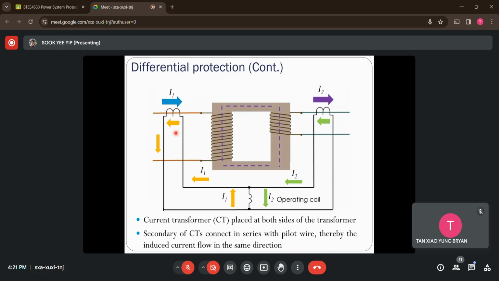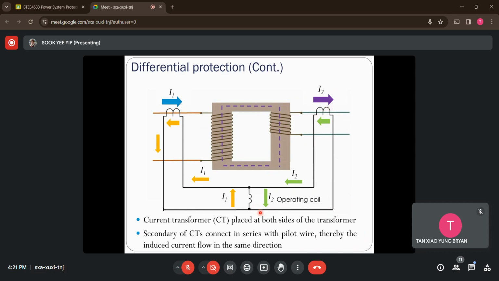Whereby the first current transformer is measuring I1, the entering current, shown in this direction. The stepped-down current will feed to the differential relay in this direction, whereby the second current transformer is measuring I2, the leaving current here, and the stepped-down current will be fed into the differential relay in this direction.